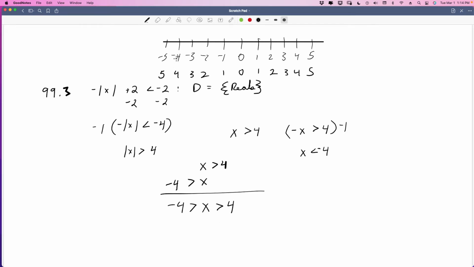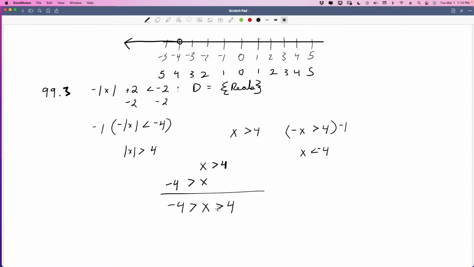We know that everything on our number line, as it goes this direction, is going to get smaller. So negative 4 is greater than everything to its left. So everything here, we're going to circle 4, and everything else this direction is included.